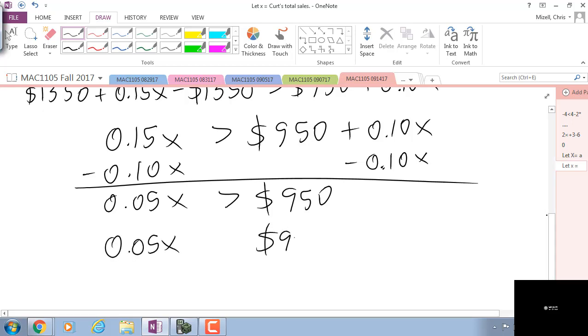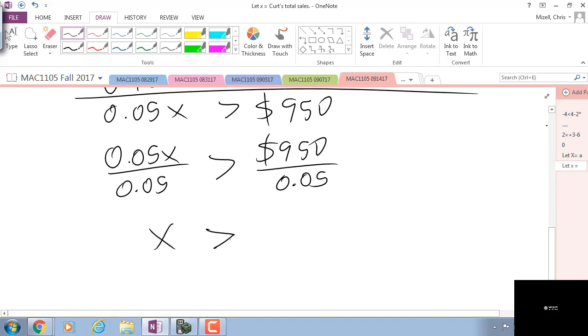Copy the $950. Divide both sides by 0.05. Keep the inequality symbol pointing the direction it was pointing because 0.05 is positive. And then x is going to be greater than $19,000.